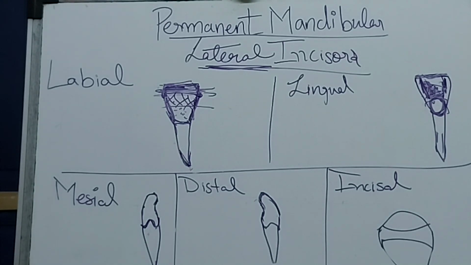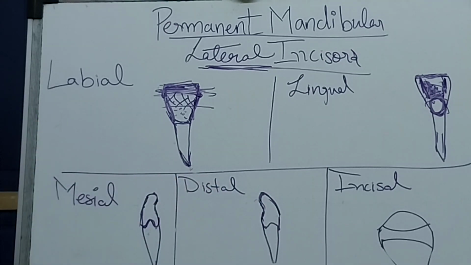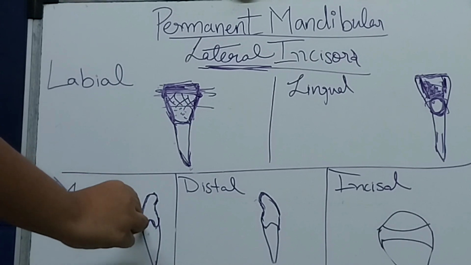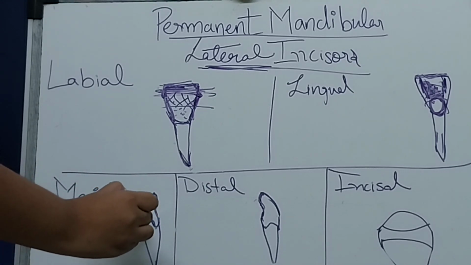Now coming to the mesial aspect. The mesial side of the crown is often longer than the distal side. We will discuss the labial and lingual curvature individually in the outlines. Labially and lingually above the cervical line, what is this curvature called?